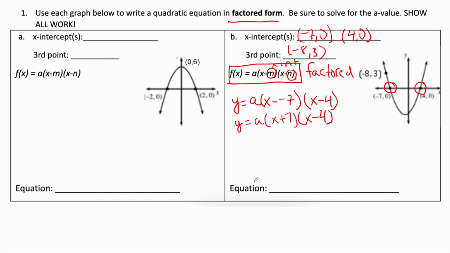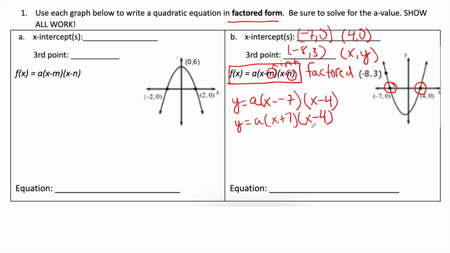Here's where the algebra comes into play: plugging in this third point to find the a value. So I know that all points go x, comma y, so I can use -8 for x and 3 for y.